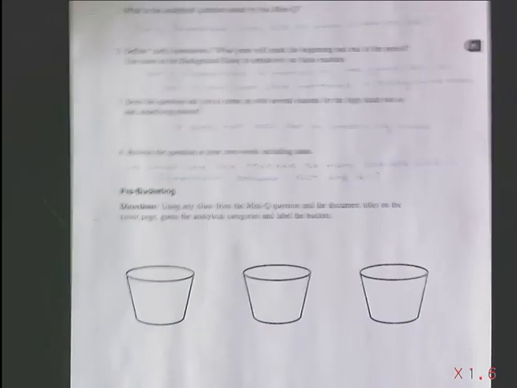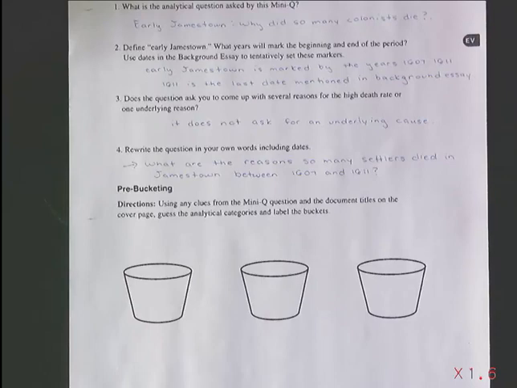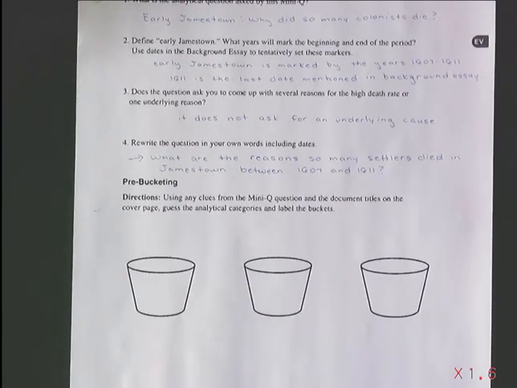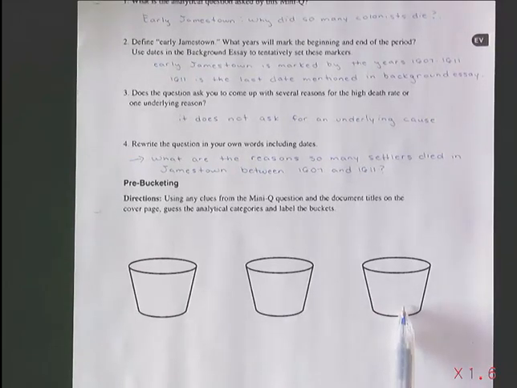Okay? So because this is our first one, and I'm giving you guys a little extra help on this one, for your bucketing, as I said, you're going to be writing an essay at the end. We know when we write essays, our paragraphs become our reasons. These 3 buckets will essentially become your paragraphs.